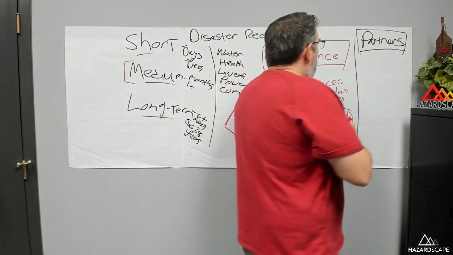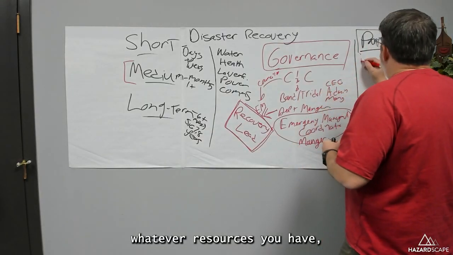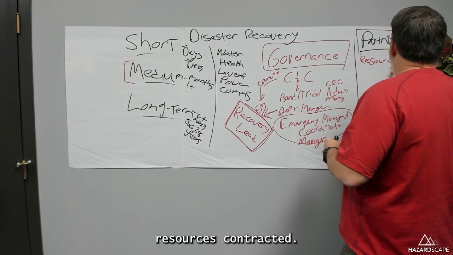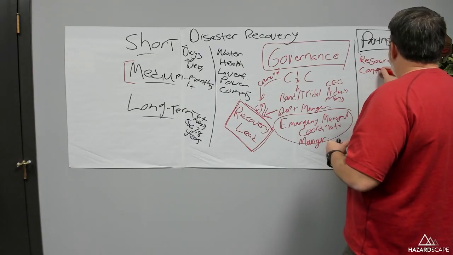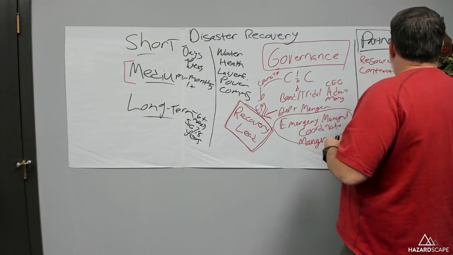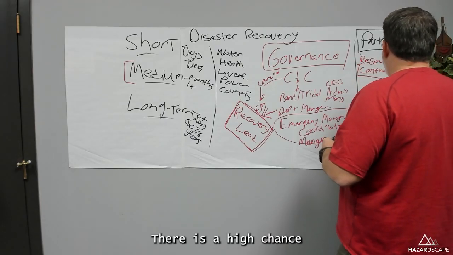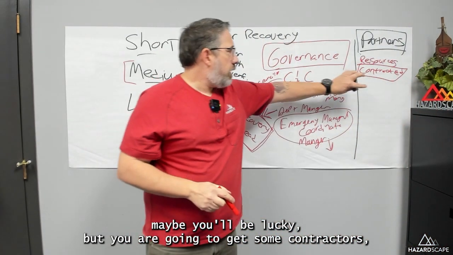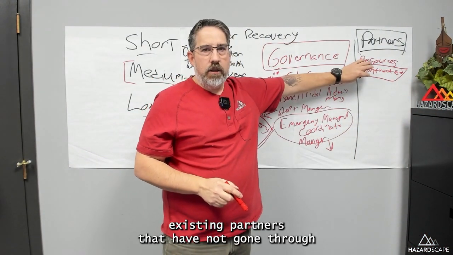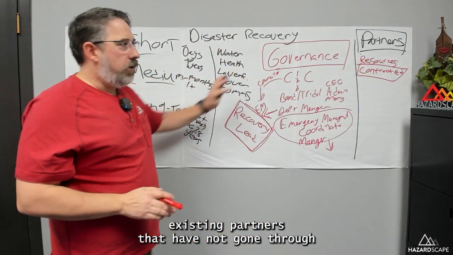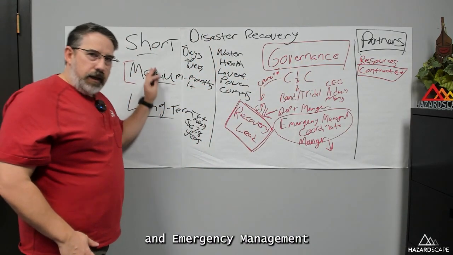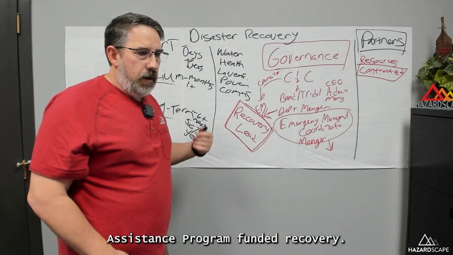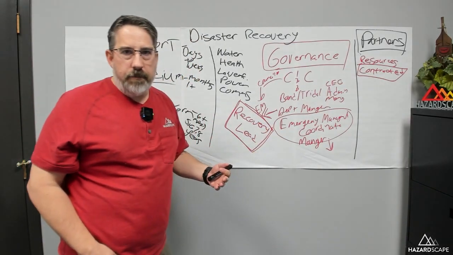So whatever resources you have, contracted, there is a high chance, maybe you'll be lucky, but you are going to get some contractors, existing partners that have not gone through an emergency management assistance program funded recovery.